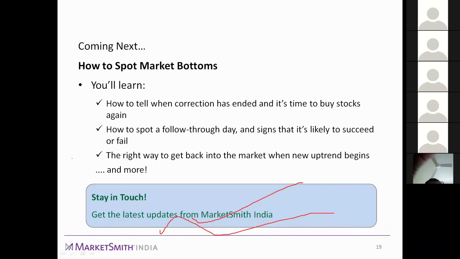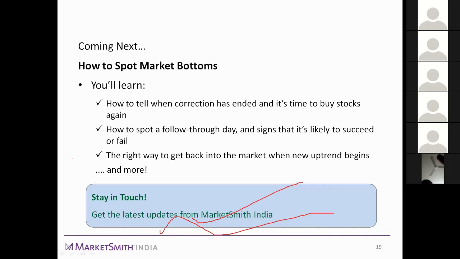For example, if you see our product, we launched our beta version in 2016 and officially launched MarketSmith India in April 2017. In 2016, we were very quick in identifying the correction post demonetization, and when the market entered a confirmed uptrend after that, we were also very quick in giving buy recommendations.